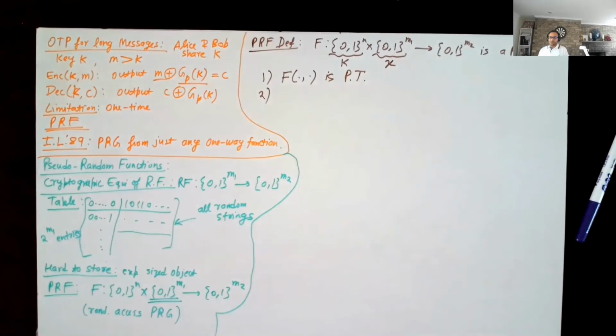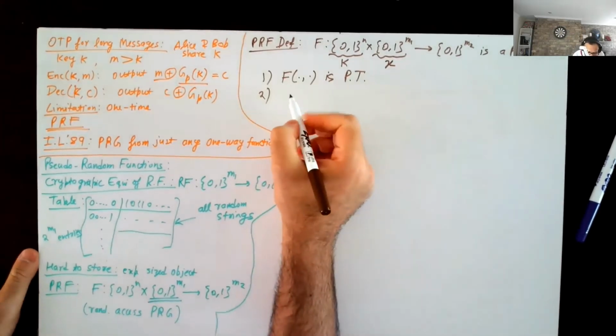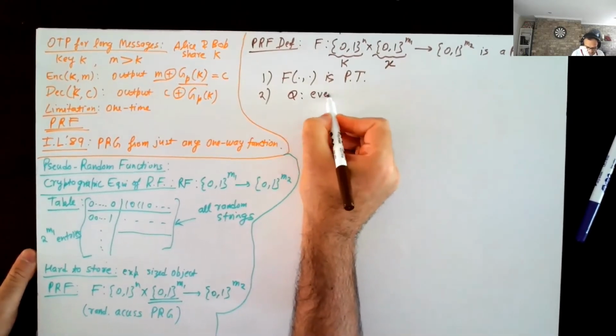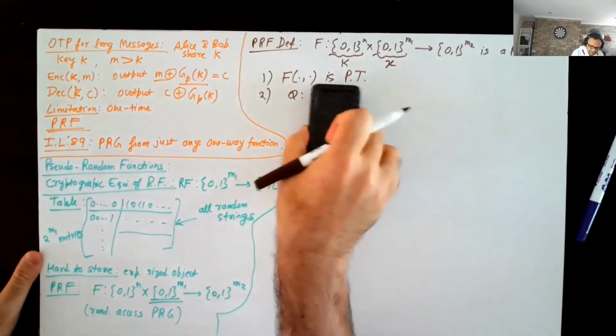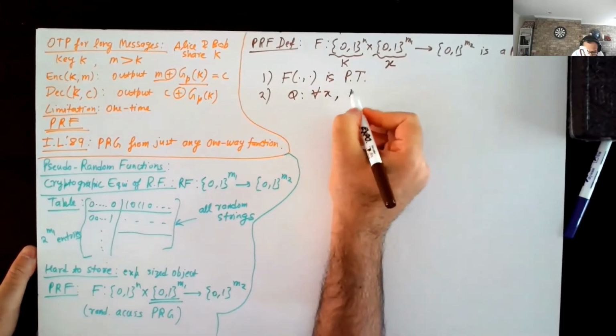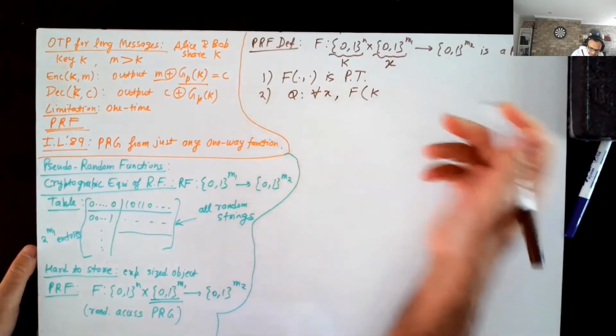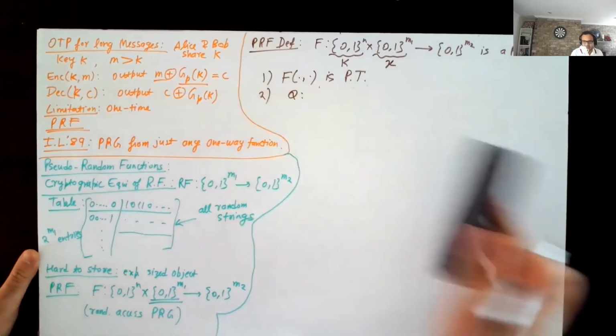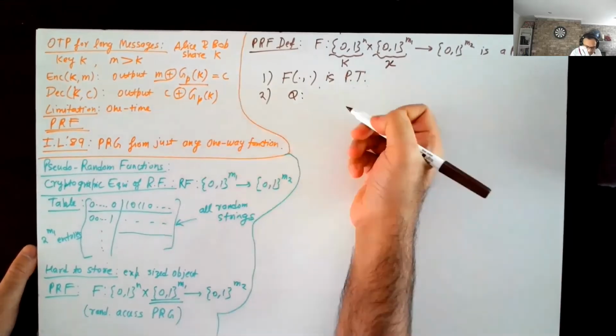The second condition, what do we want? So here the second condition is a little bit interesting. So we want the output to look something like uniform. So maybe I need for all x f of, okay. So let me try to give you a definition which will not work, but hopefully you will tell me why it will not work.